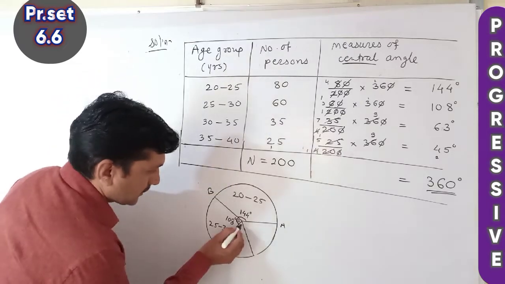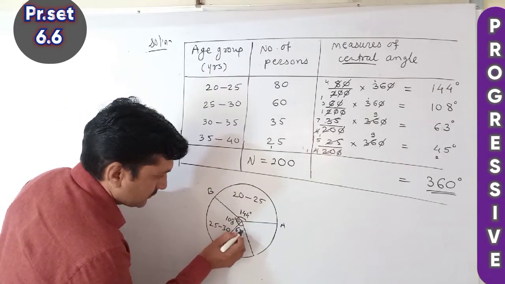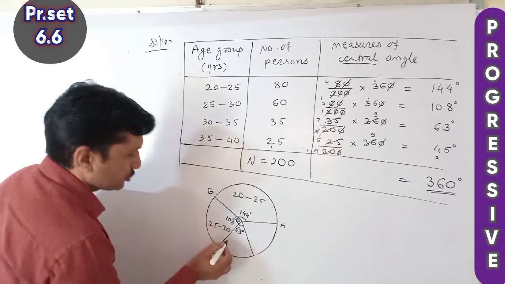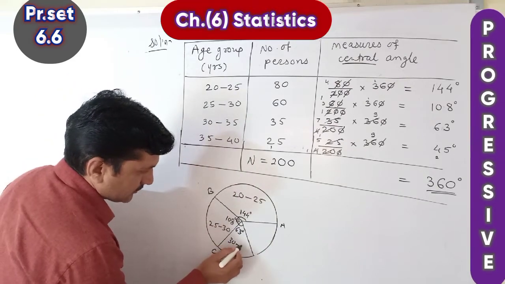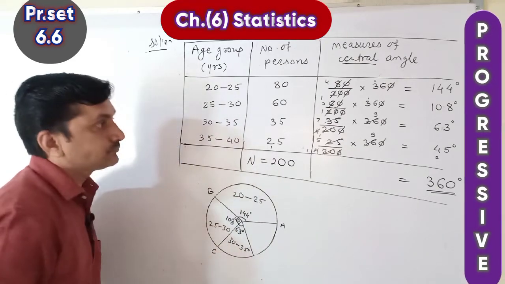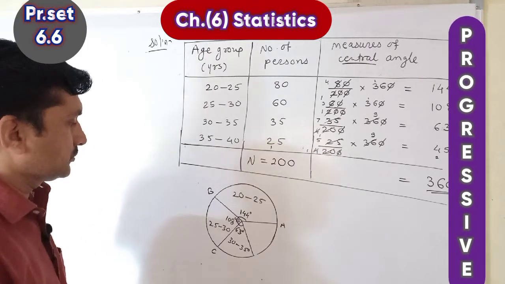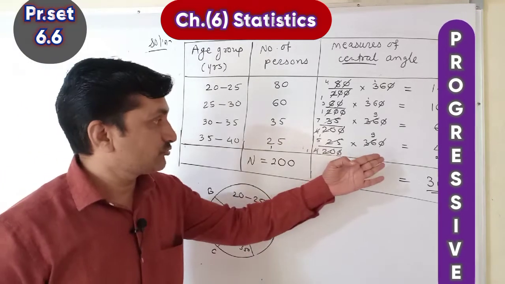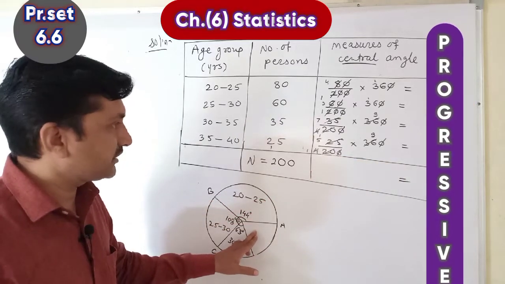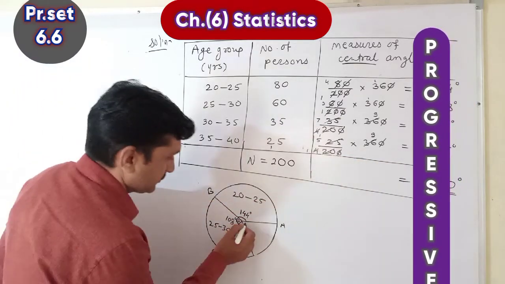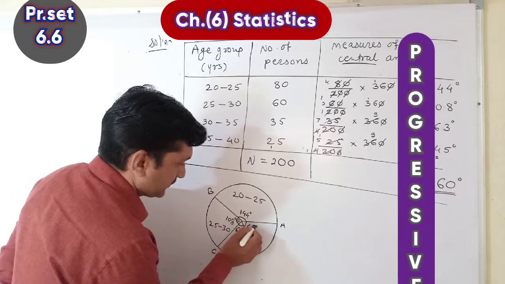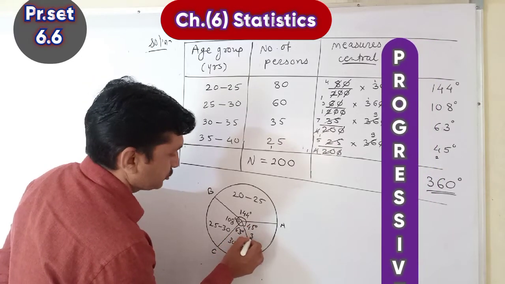I write here 63° and age group is 30 to 35. Okay, and last is 45. Only one is left remaining, 45°. Therefore here remaining is 45° and age group is 35 to 40.